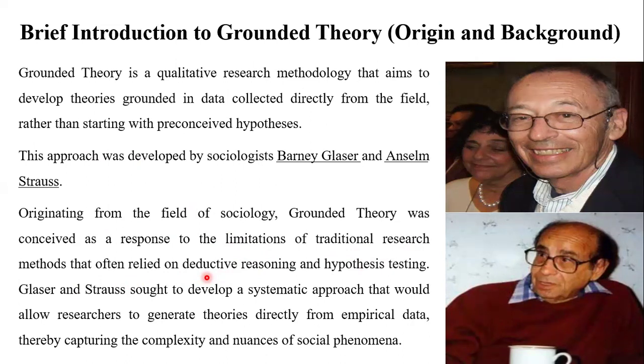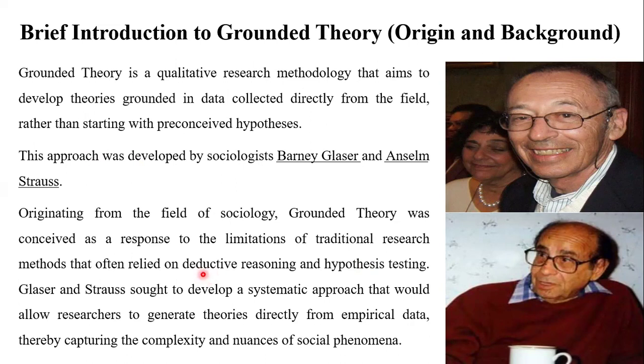While in case of grounded theory, we don't have some hypothesis in the background, we don't have some theory in the background, and we need to generate the hypothesis and theory on the basis of the grounded theory process. So that approach is known as inductive approach.